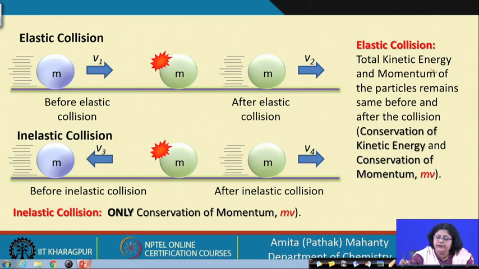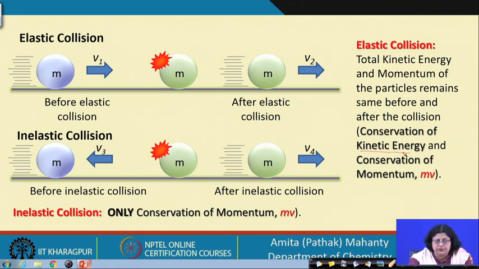So, in an elastic collision, the total kinetic energy and the momentum of the particles remain the same. But when we have an inelastic collision, we do not have conservation of total kinetic energy, but there is a conservation of momentum.